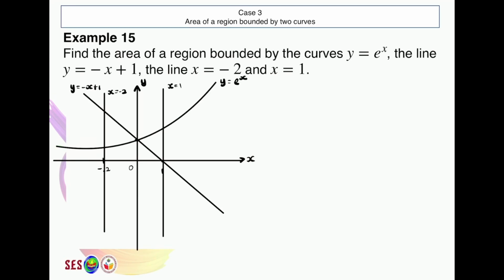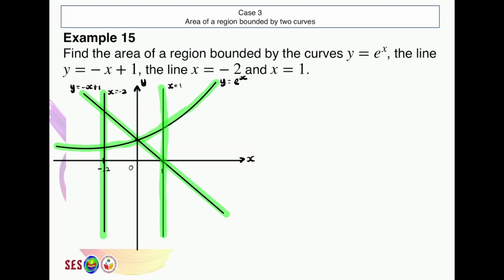For the curve y equals e power x, this is the curve. We have the line y equals minus x plus 1, and also the line x equals minus 2, and we have x equals 1.